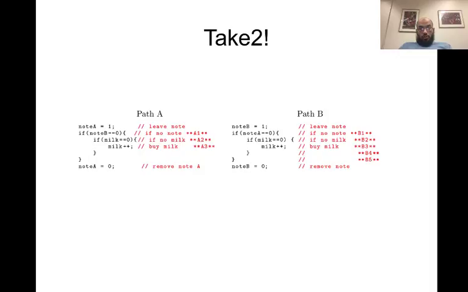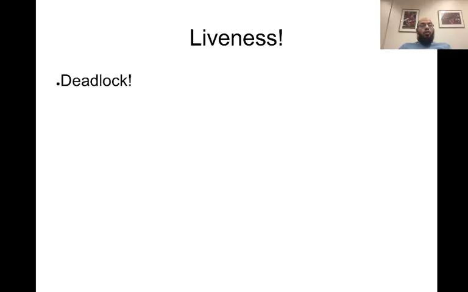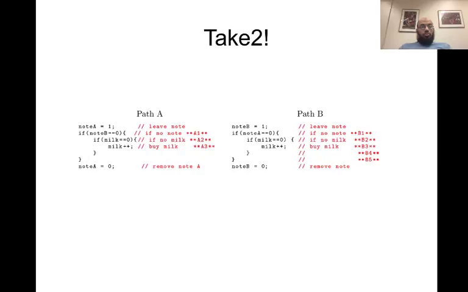So let me ask you, does this solution work? And the answer is no, because you can cause a deadlock. Let us suppose that I come in, I write note A, I get distracted. You come in, you write note B, and you look for whether I've written any notes, and you find that note A is equal to 1 because I was distracted.